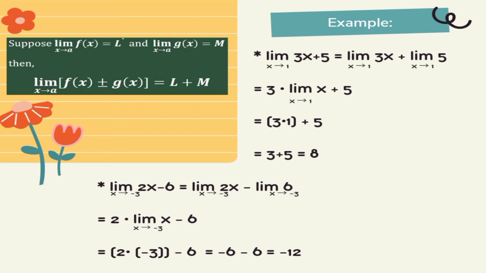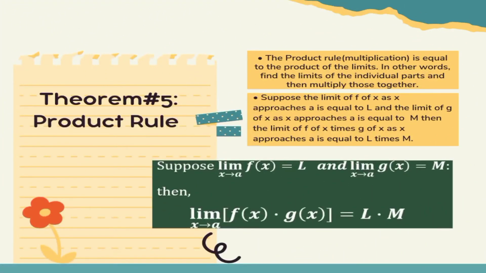Let's have theorem number 5, the product rule. Product rule: the limit of a product is equal to the product of the limits. In other words, find the limits of the individual parts and then multiply those together.